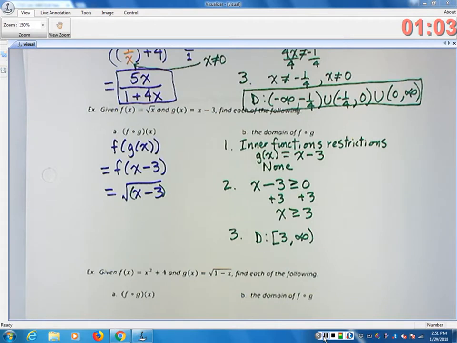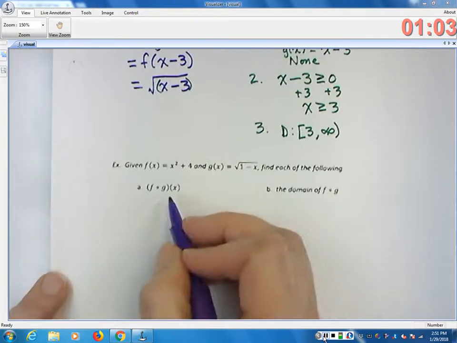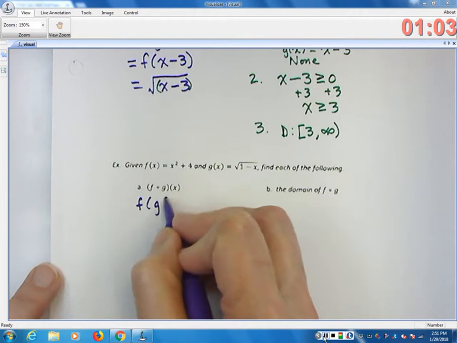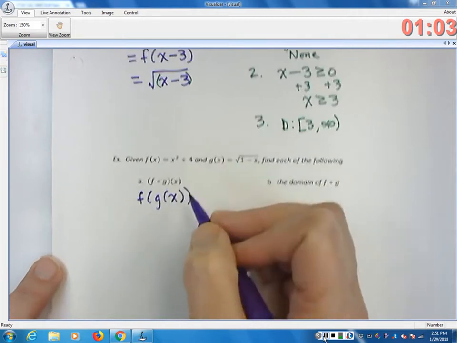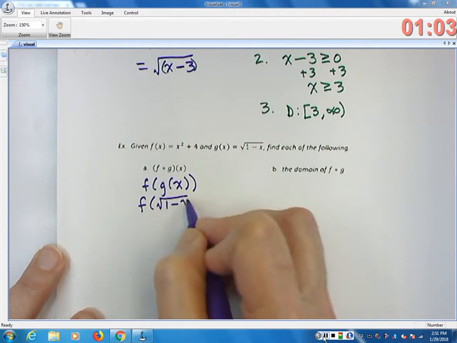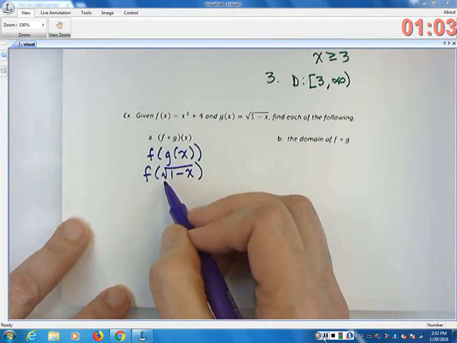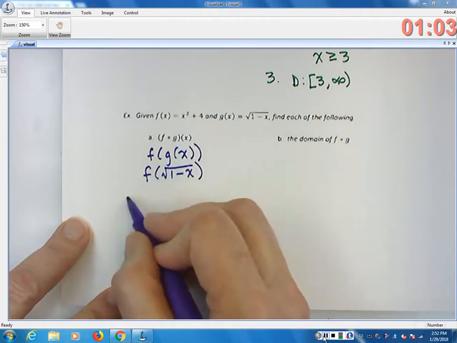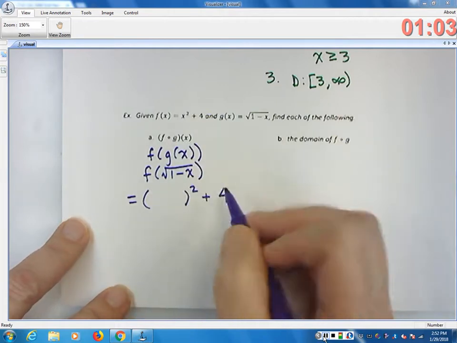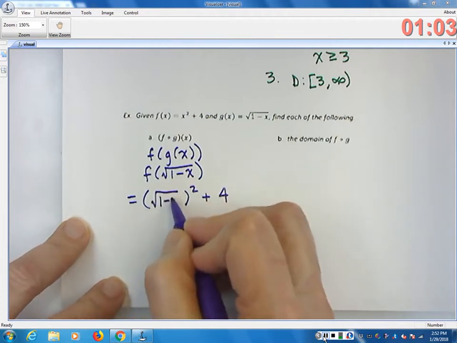All right, the next one, we're going to find f composite g of x. That's f of g of x, f of the square root of 1 minus x. Everywhere in f you have an x squared plus a 4, everywhere you have an x, you're going to replace it with the square root of 1 minus x.